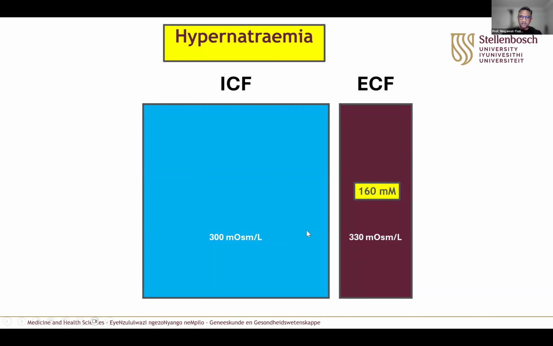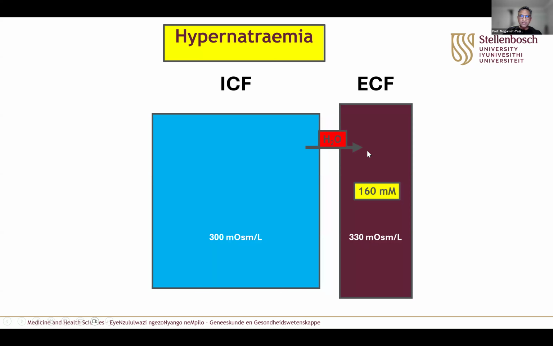So we could say that the pressure difference across this membrane is 600 millimeters of mercury. Very, very high. I don't think anybody would want to have a blood pressure that high. So an osmolality difference of 30 is a very powerful force for water to move from the ICF into the ECF. And when water moves out of the ICF into the ECF, the ICF compartment shrinks.